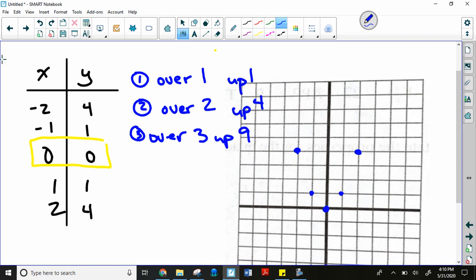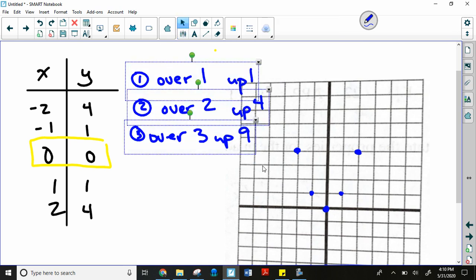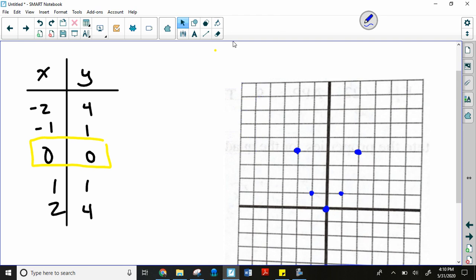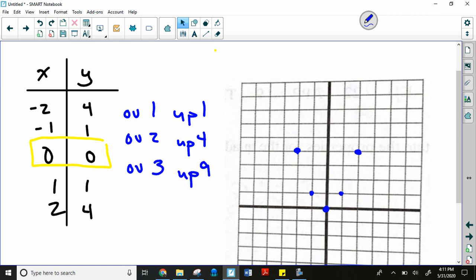So I do over 1, up 1, over 2, up 4, over 3, up 9. So all I have to do is know where the vertex is. And then I can apply this step pattern to create my graph.